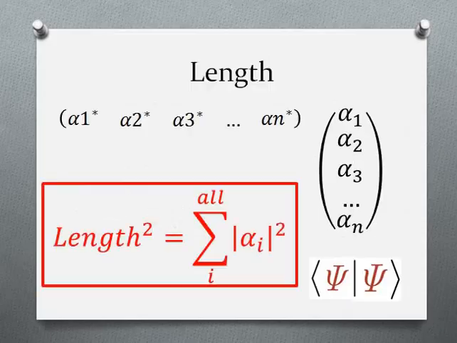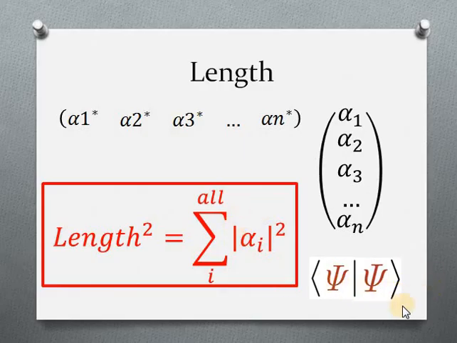Similarly, if you look at the length, we defined the length in the last class, right? And we noted that if I want to calculate the length of a certain vector, say psi, and let us consider that its components are alpha 1, alpha 2, alpha 3 and so on. Following the same notion of length in our normal vector space, we did something like this, bracket psi psi.